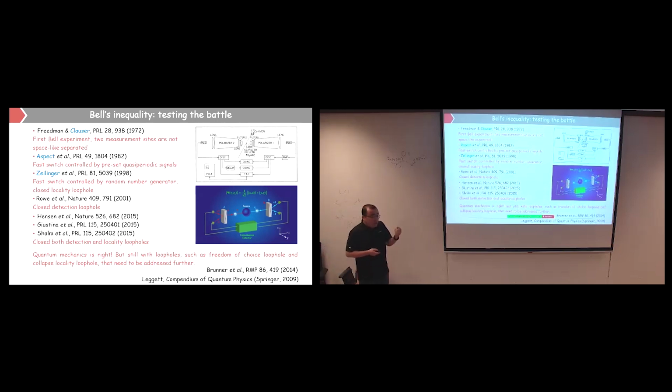But the random number generator they use is a quantum random number generator. This means you believe in quantum mechanics, and then you use that random number to test the Bell inequality. So in that sense, there is some loophole. This loophole is called the freedom of choice.